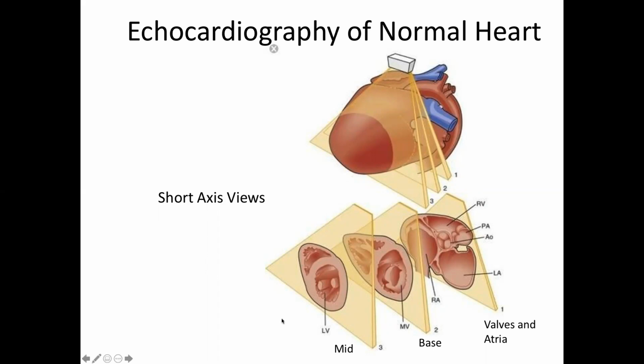In the long axis images, remember we cut this way, and for the 4-chamber view, we cut through this way, and for the 2-chamber, we cut through this way. So you're really only seeing 2 regions of the myocardium.